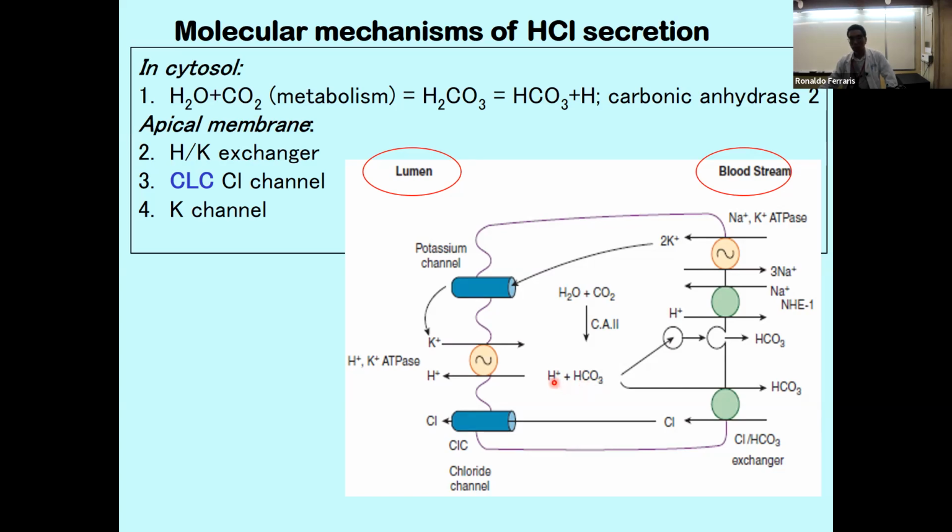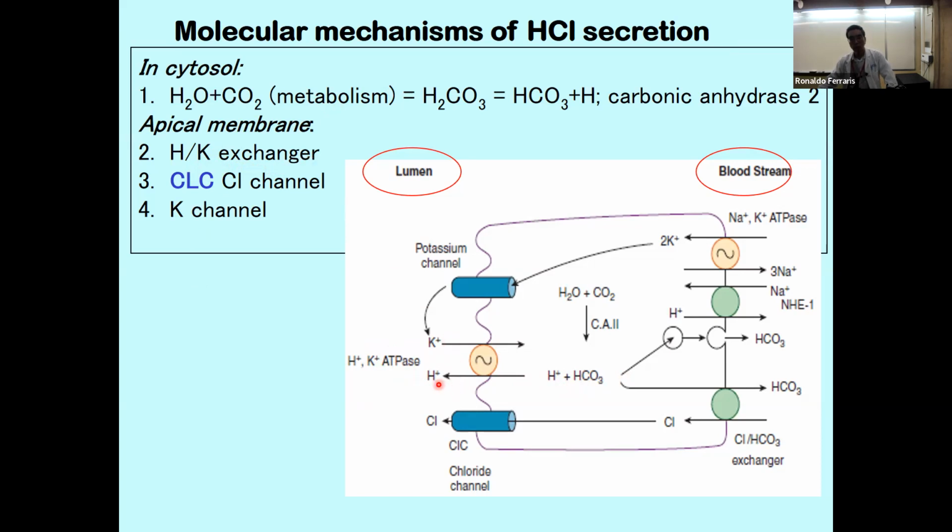The proton is then secreted into the food side from the cytosol against that enormous concentration gradient and in exchange for potassium. So this is why it's called the proton potassium ATPase, proton potassium exchanger.